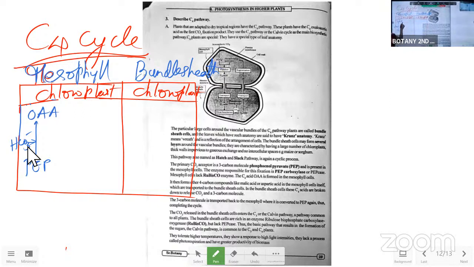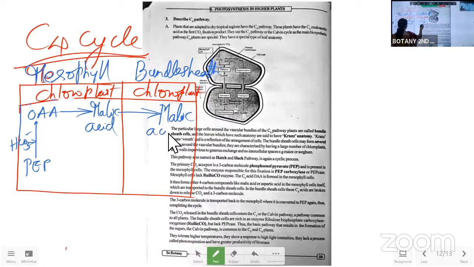Now this oxaloacetic acid is converted into malic acid, and here malic dehydrogenase is the enzyme. NADPH2 is oxidized into NADP plus H plus. This malic acid, produced in the mesophyll chloroplast, is shifted into the bundle sheath chloroplast.